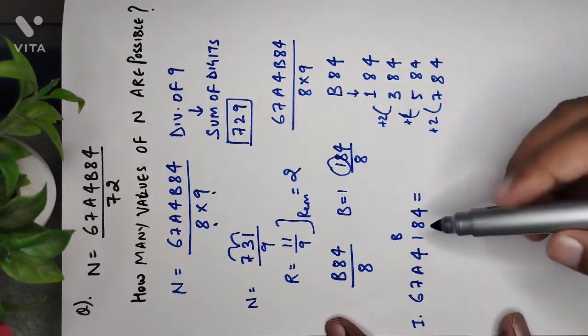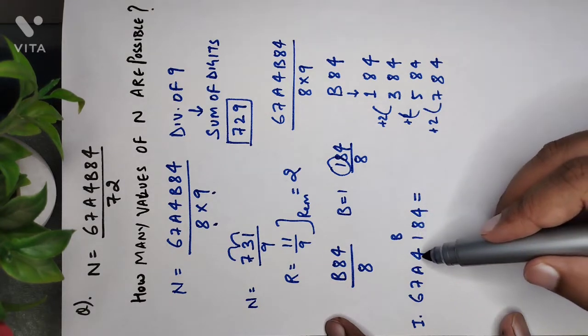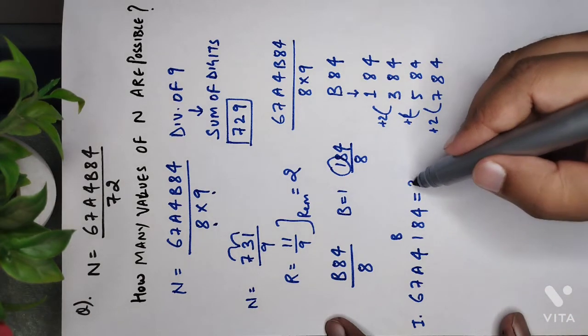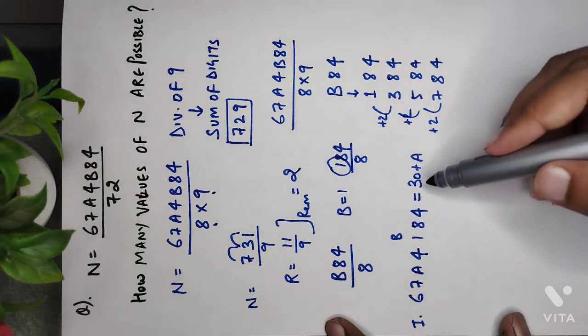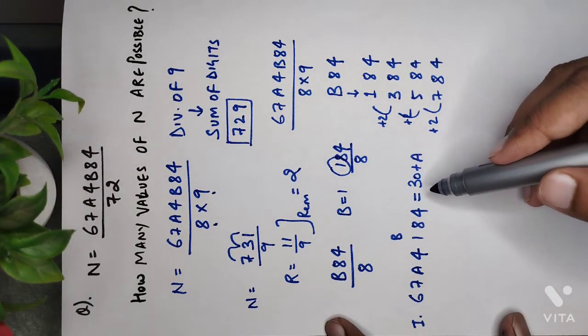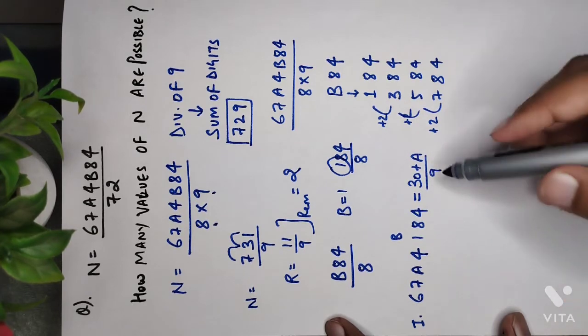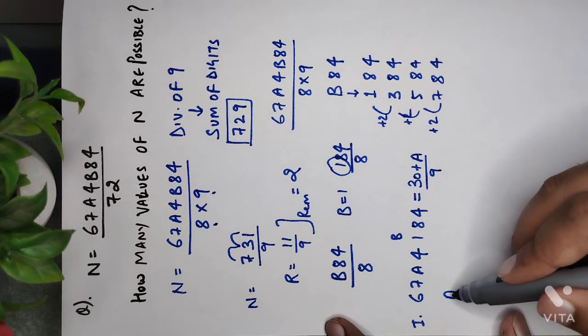If I add all of them, 8 plus 4 is 12, plus 1 is 13, plus 4 is 17, plus 7 is 24, plus 6 is 30. So this will be equal to 30 plus a. If I divide this number by 9 to find the remainder, 9 times 3 is 27, so the remainder will be 3.